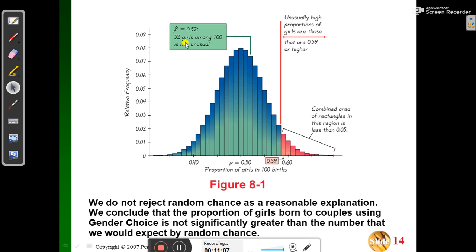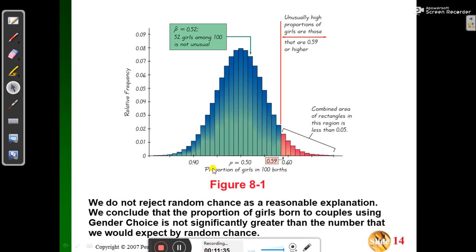So here p equals 0.52. 52 girls among 100 is not unusual. Unusually high proportions of girls are those that are 0.59 or higher. Combined area of rectangles in this region is less than 0.5. So here you can see this is the critical region.